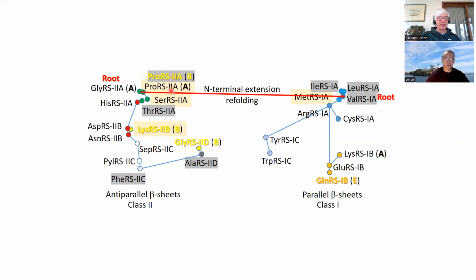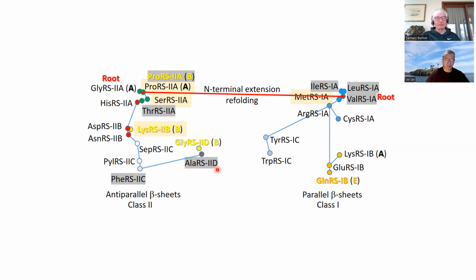And here you have a bunch of 2A enzymes. The ones that are shaded in gray have separate editing active sites. That means if you have a tRNA alanine with the wrong amino acid, like serine, attached to it, this enzyme will remove that amino acid.